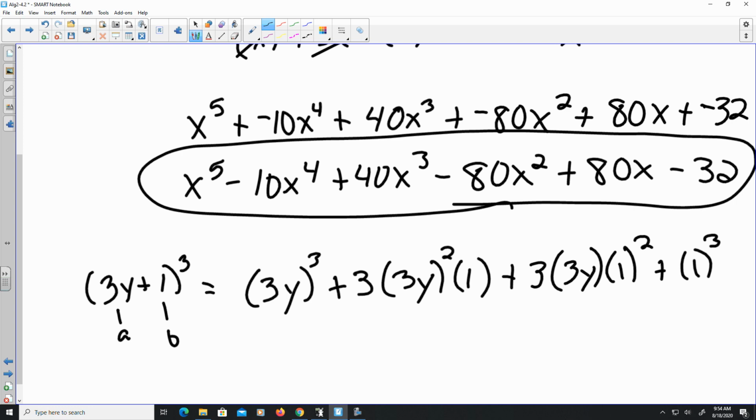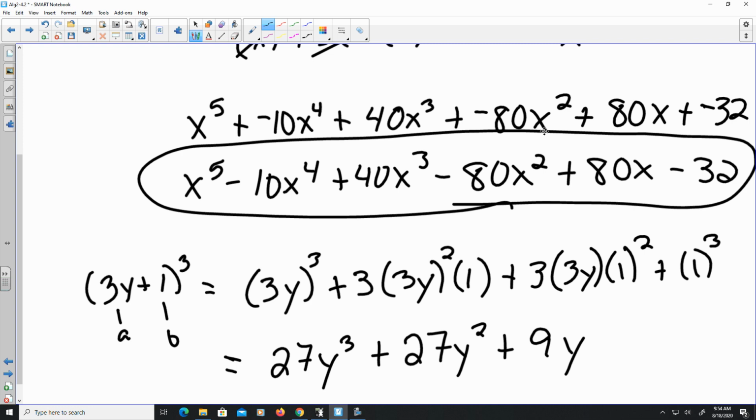So once you do all the math and expand it, you should get a result of 27y to the third plus 27y squared plus 9y plus 1.